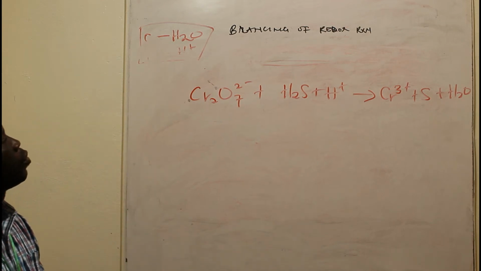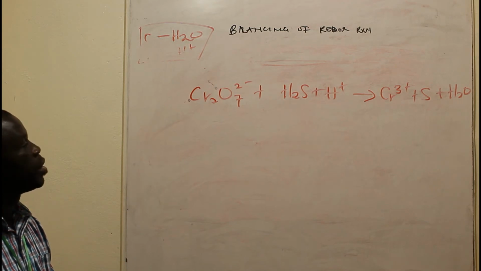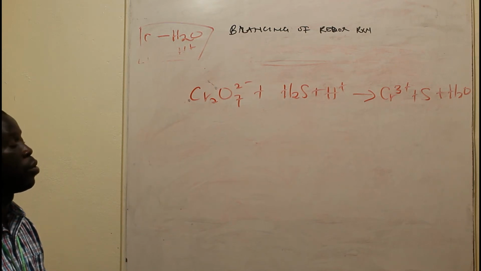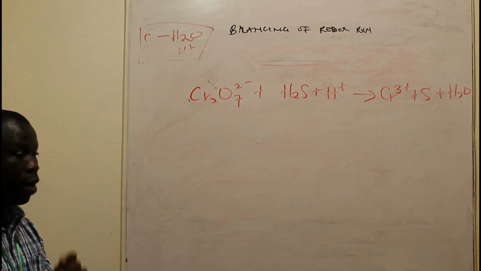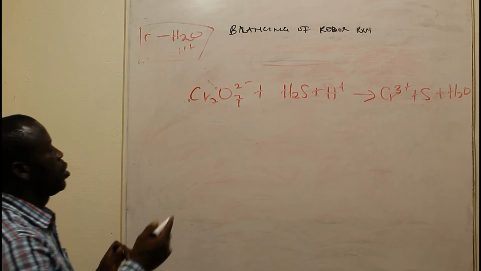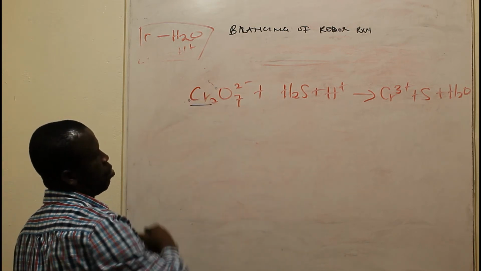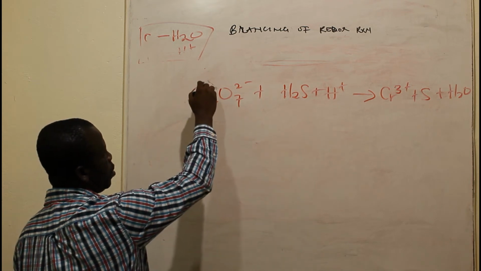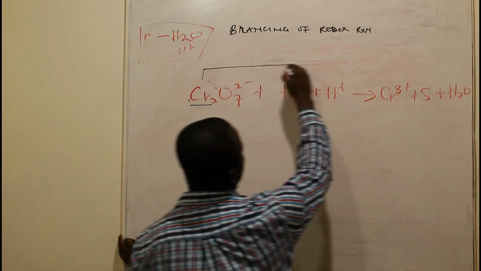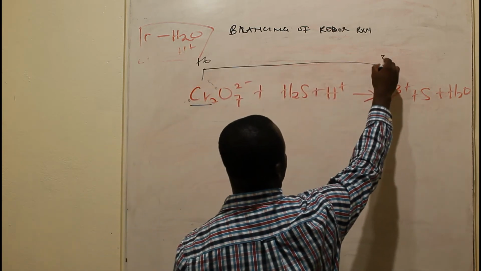I've told you that before you start, we always need to separate the reaction into two: the oxidation half and the reduction half. Now the oxidation number of chromium, the central atom, is 6, going from 6+ to 3+.